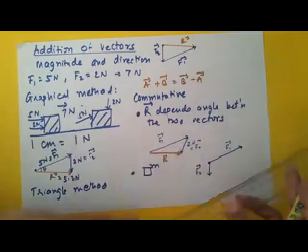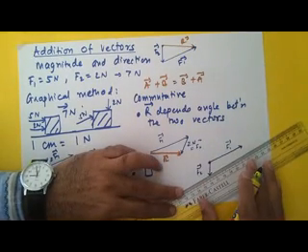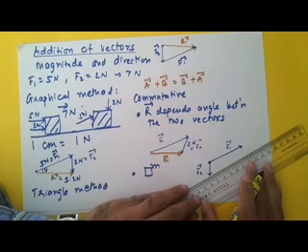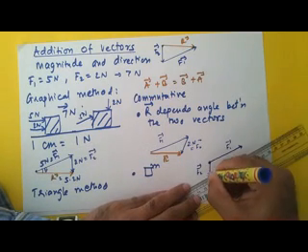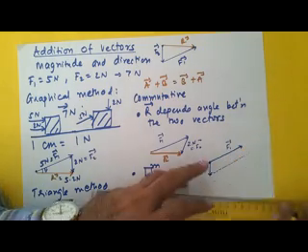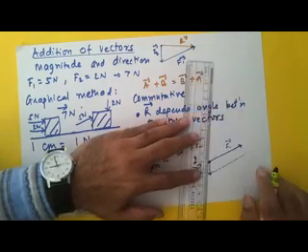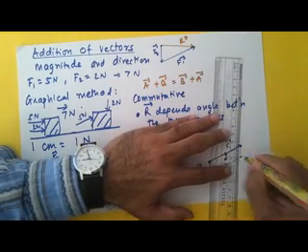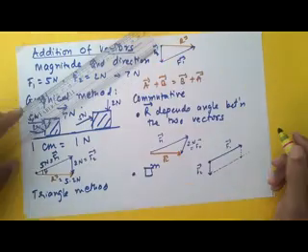Right? So I'll draw a line parallel to vector F1, right? So this is a line which I've drawn parallel. Similarly, I'll draw a line parallel to vector 2. So this will be the line parallel to vector 2, and I complete this parallelogram.